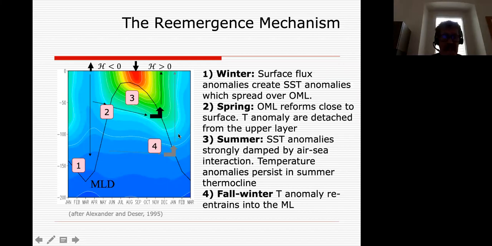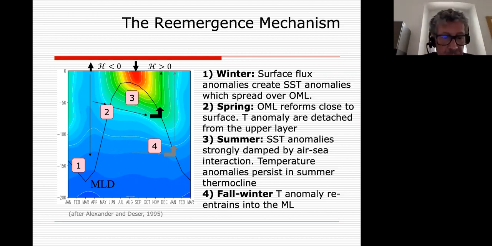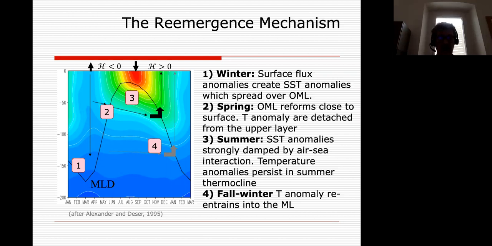So this reemergence of the condition of January is guaranteed by the fact that during summer you have the decoupling of the upper layer from the lower layer, where the memory of the condition of winter is retained, and this condition reemerges during the fall-winter mixing.